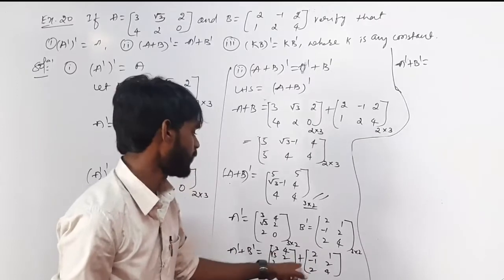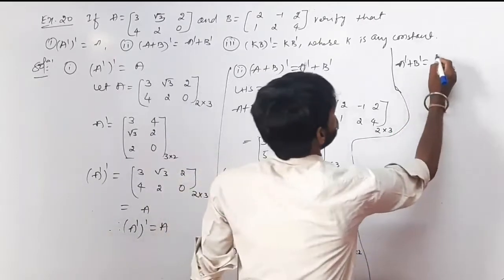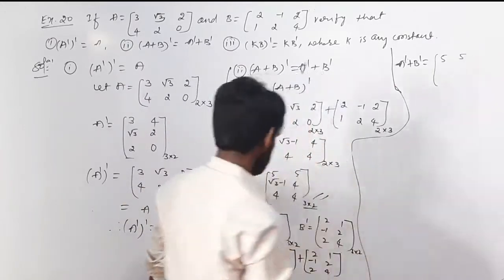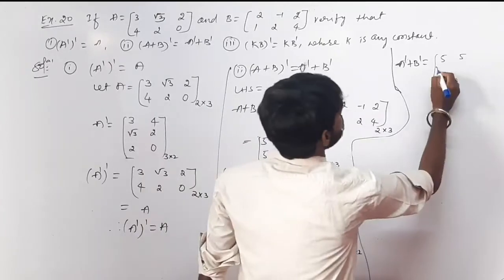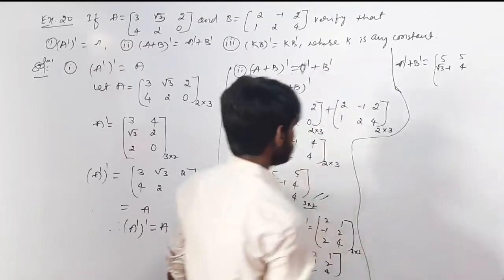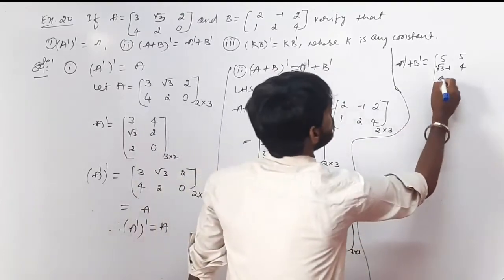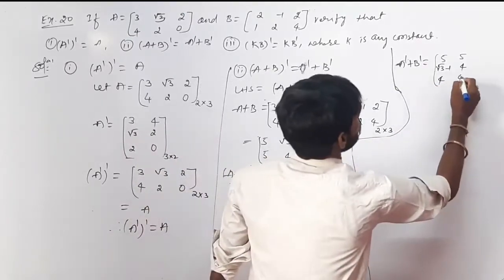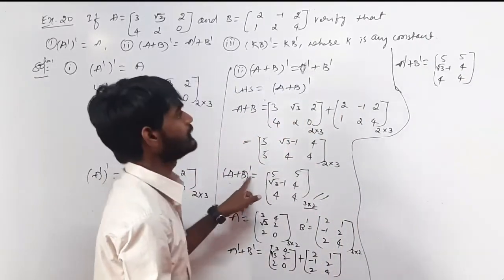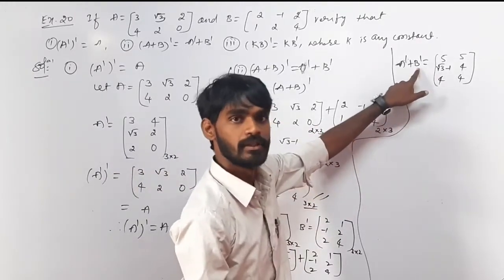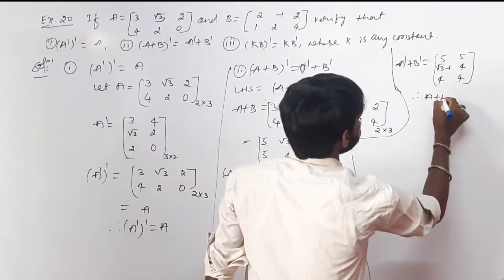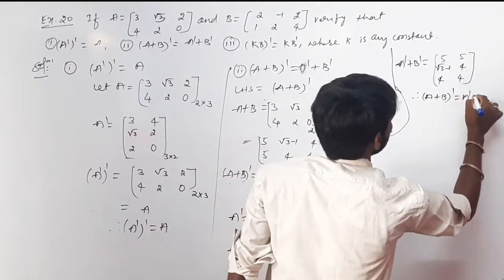Now we can add the corresponding elements. 3 plus 2 is 5, 4 plus 1 is 5, root 3 minus 1, root 3 minus 1, 2 plus 2 is 4, next 2 plus 2 is 4, 0 plus 4 is 4. Now you can check that A plus B whole dash is equal to A dash plus B dash. These two matrices have the same elements, therefore A plus B whole dash is equal to A dash plus B dash.